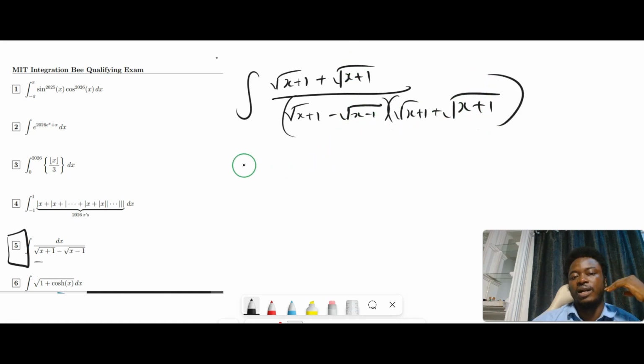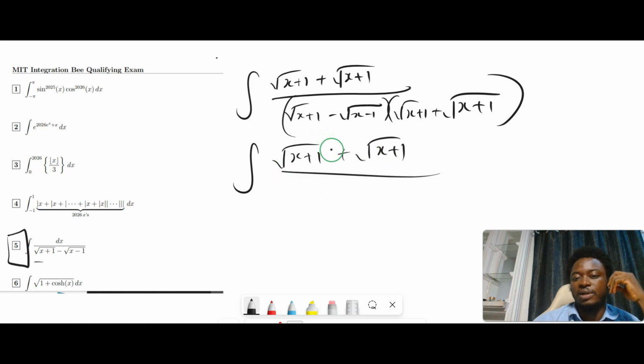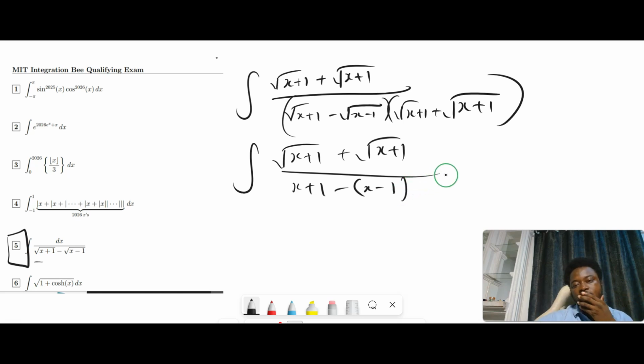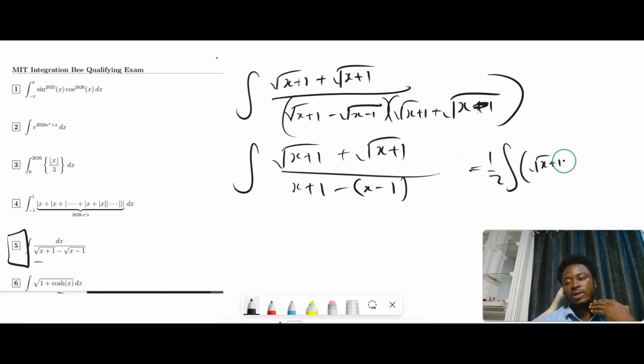So in this case, at the bottom you should have an x plus 1 minus an x minus 1. So that would be half times the integral of square root of x plus 1 plus square root of x minus 1.